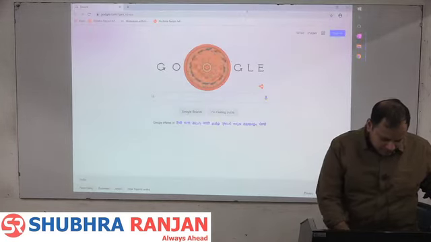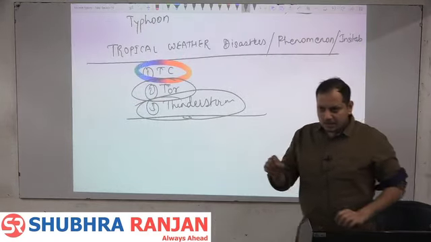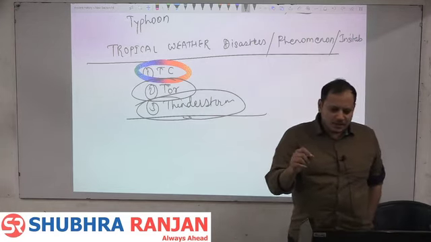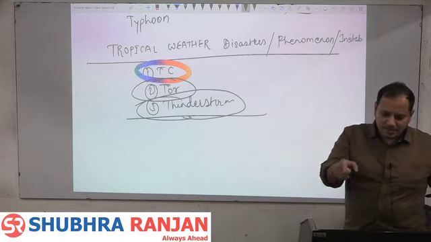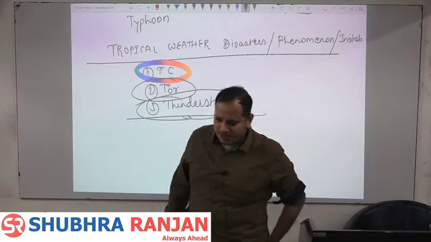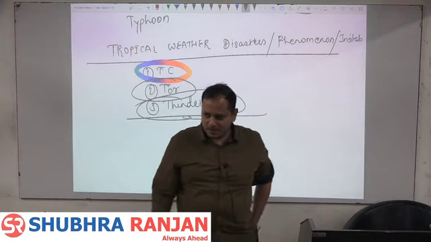I have given you the diagram. This is the diagram. Look in the third page, the USA region. Do you understand the diagram? Cold air mass and warm air mass.